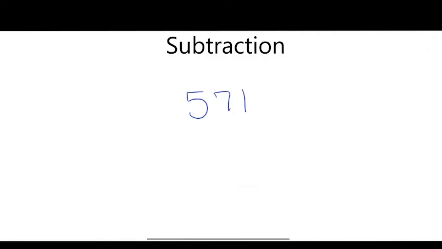Let's say I have 571 minus 254. Well, we start in the ones place and we try 1 minus 4. Well, can't do that. So I'm going to cross off the 7 and make it a 6. Cross off the 1 and it becomes 11.